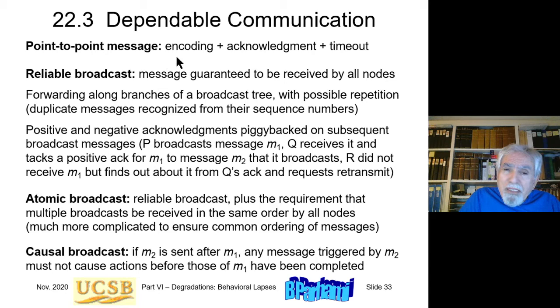For point-to-point messages, we use encoding, error detecting or correcting code. We use acknowledgements, and we use timeout mechanisms. So timeout basically means if I send a message and don't receive an acknowledgement within a certain amount of time, I assume that the message was lost. I resend the message. Of course, this requires us to implement a mechanism to deal with duplicate messages.